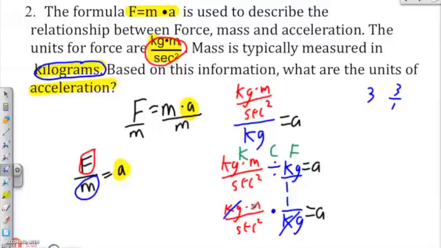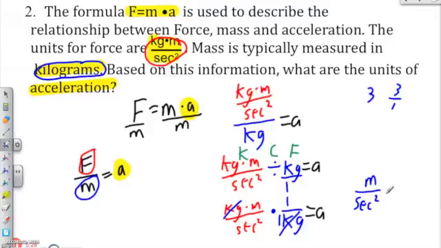Just like when we did unit analysis, we're going to multiply the top and multiply the bottom. So on the top here, we're just left with a meter, and we're multiplying by 1. Anything times 1 is going to be a meter. So I'm going to keep my meter on top. And on bottom now, I have seconds squared times the 1 that we canceled. So I'm just going to have seconds squared.